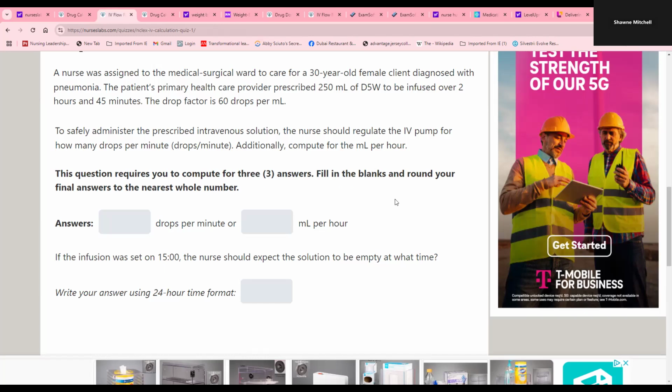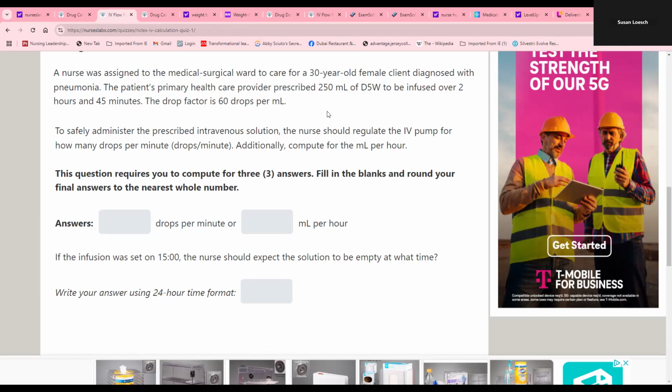Divided over the time. Okay. But the problem is your time is mixed in hours and minutes, right? So what do you have to do there then? Convert it. Yeah, you have to convert it either all to hours or all to minutes and then convert it to hours.